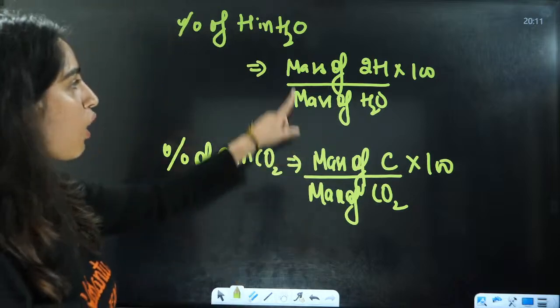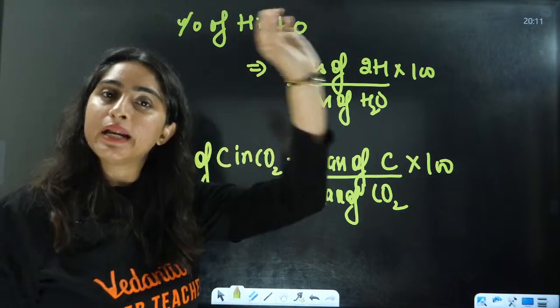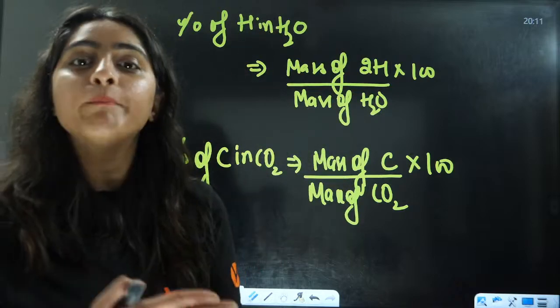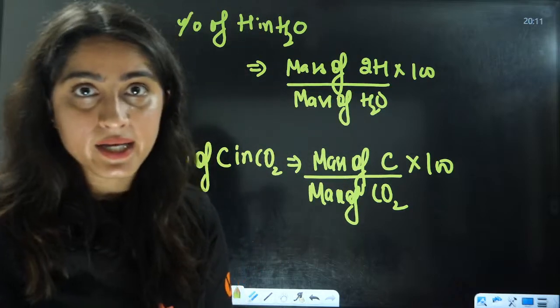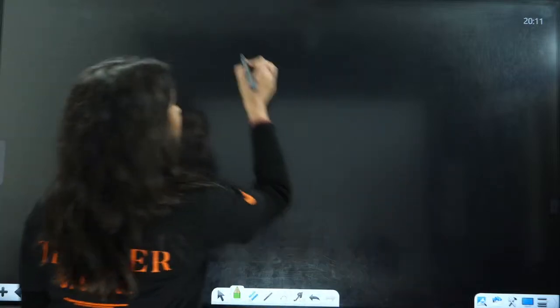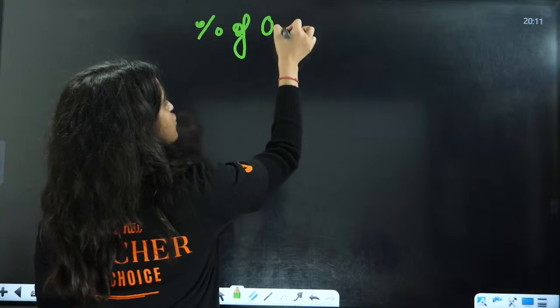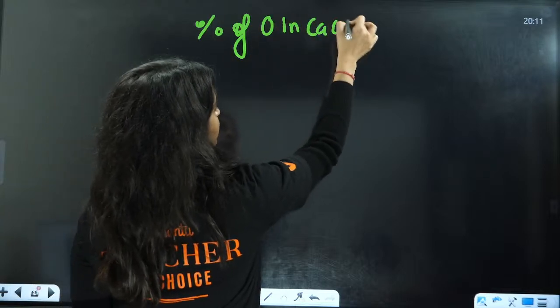Understood? Here always you will write the molar mass of that element in the compound. The number of atoms will be multiplied here. For example, I am asking you to calculate the percentage of oxygen in CaCO3.